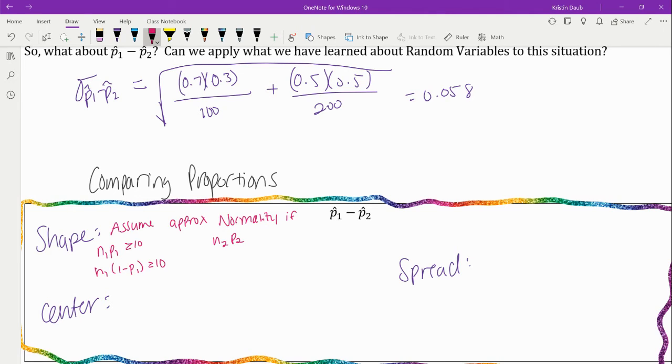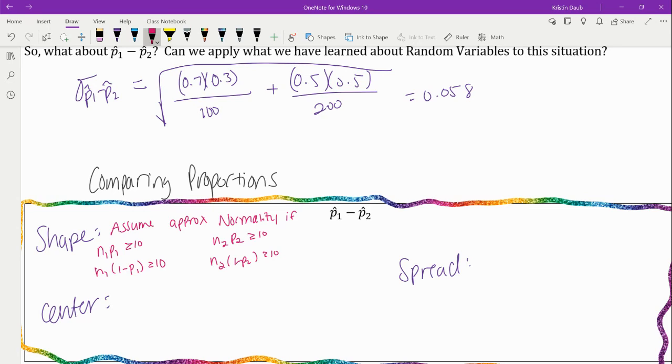N2 times P2 needs to be greater than or equal to 10. And N2 times 1 minus P2 needs to be greater than or equal to 10. So we have to check 4 things here since we've got the 2 populations, and for each of the 2 populations, we need to check 2 different things. So we have a lot to do, but it's nothing that's super crazy or something that's super new. It's just we have to check them for now both of our populations.